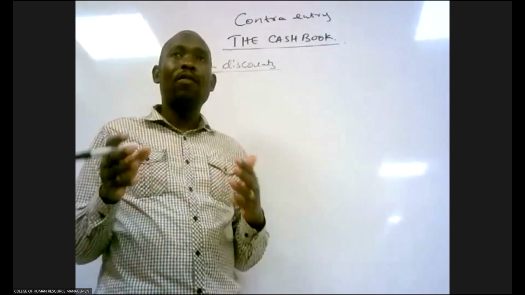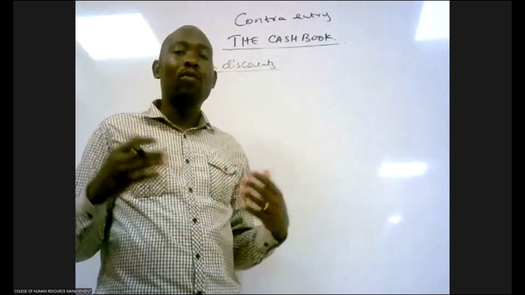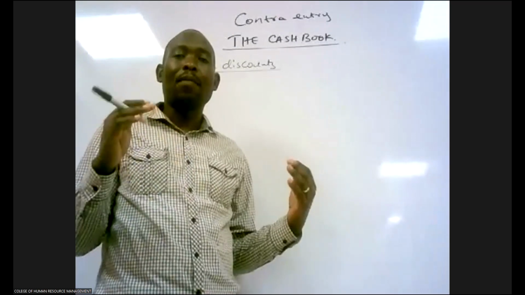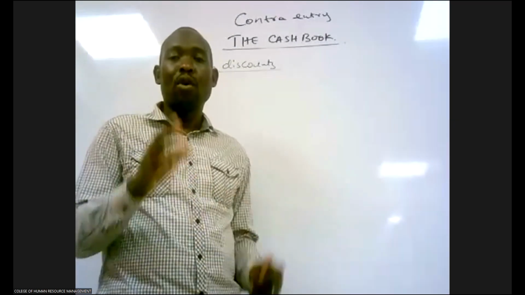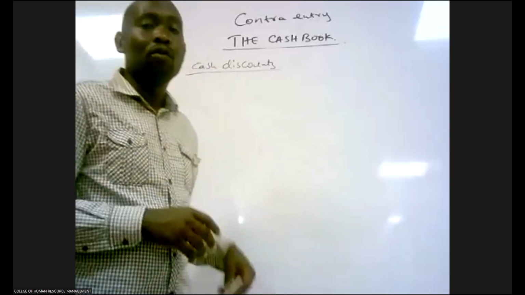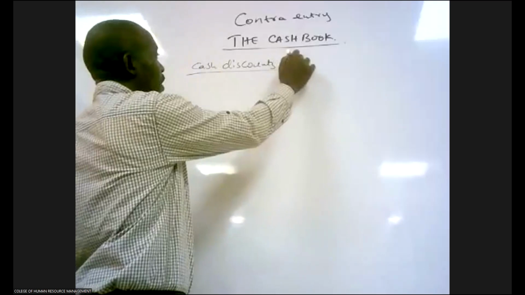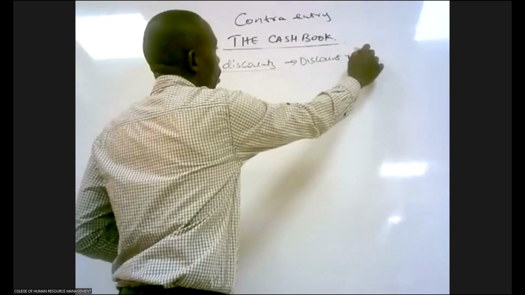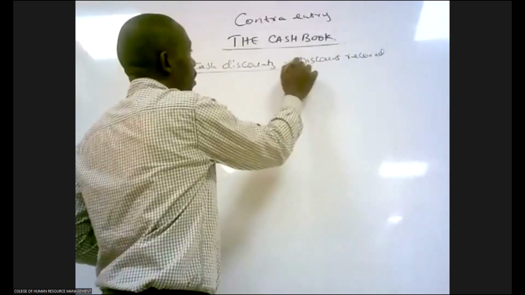In the process of giving the discount, the business is going to make sure that it collects as much amount from the debtors as possible to avoid the issues of bad debts. The cash discounts are of 2 types: we have got the discount received and we have got the discount allowed.